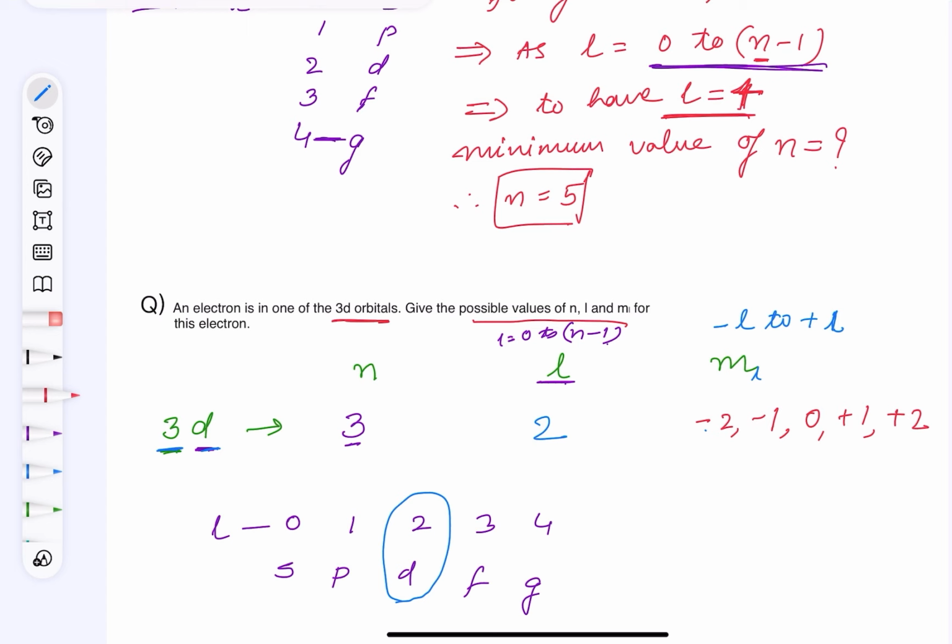So that is what the question was. You were supposed to find out the possible values of n, L and m. So for 3d orbital, the value of n is 3, the value of L is 2 and the values of m are these 5 values.